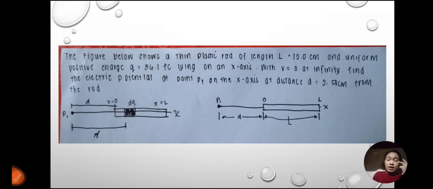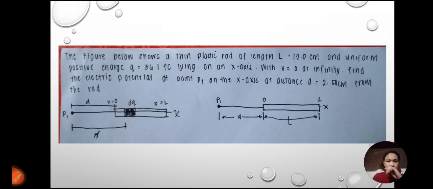So this is an example. The figure below shows a thin plastic rod of length L equal to 12.0 cm and uniform positive charge Q equal to 56.1 fC, lying on an x-axis with V equal to 0 at infinity.